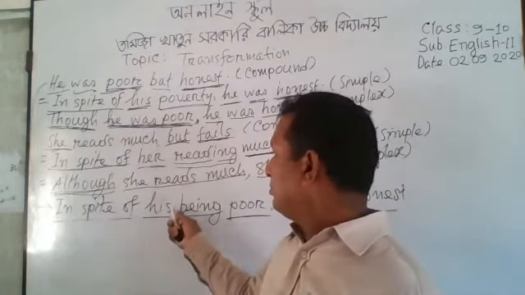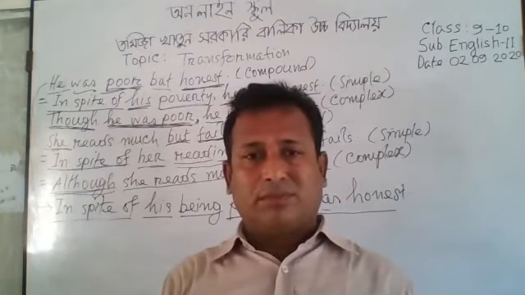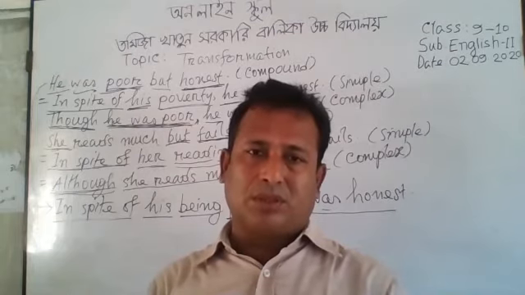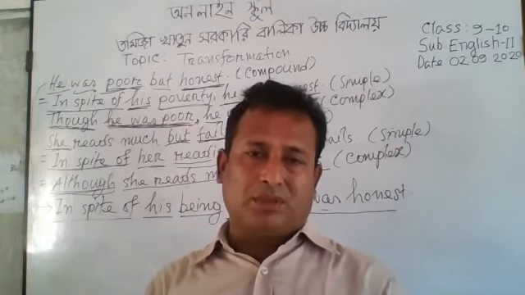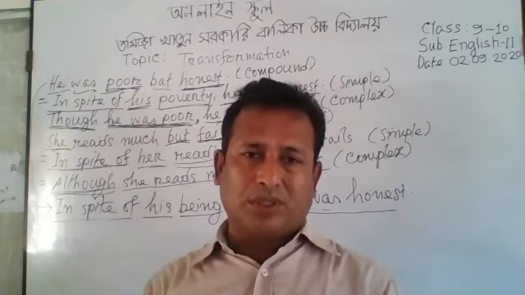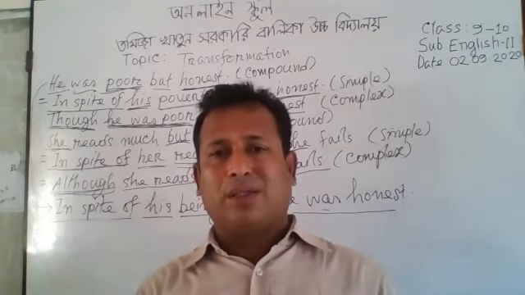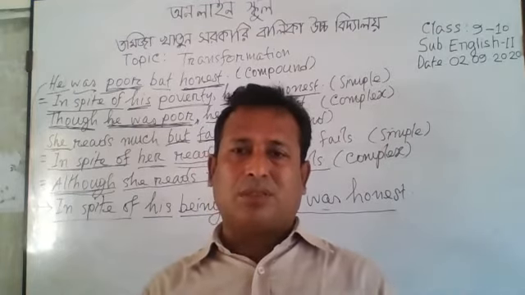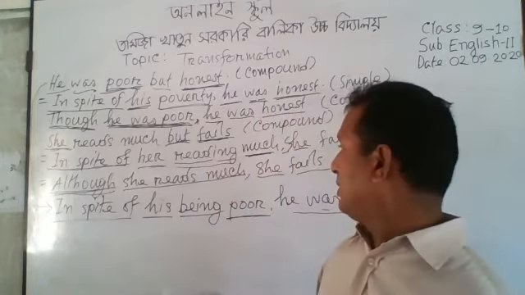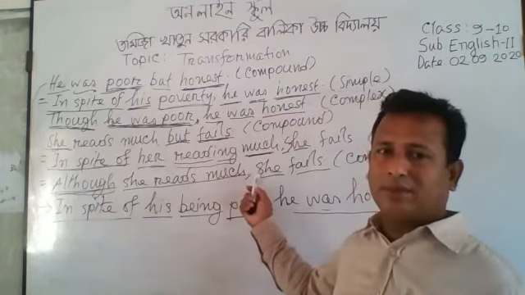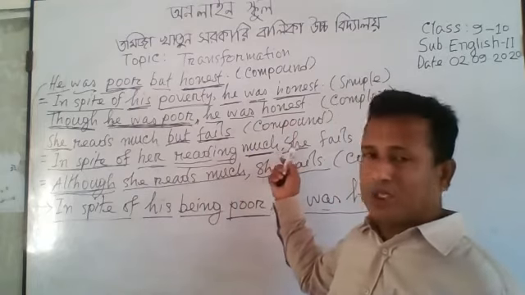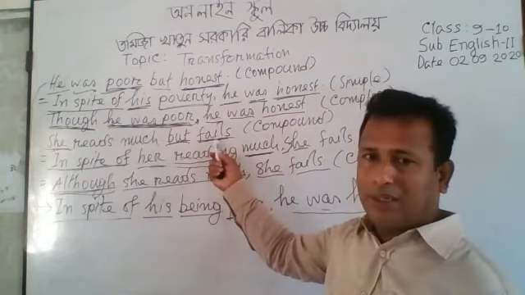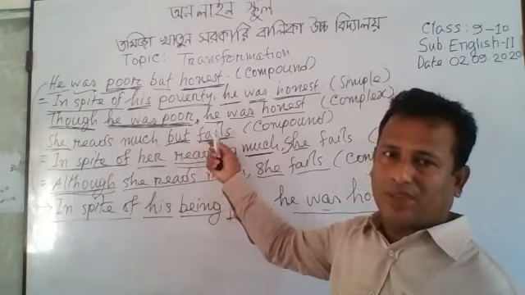And the second one is, you will use the same clause without changing, and a comma at the end of the first clause. And the pronoun subject again, and the clause after but.